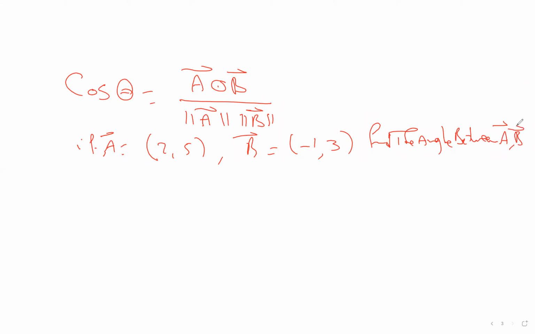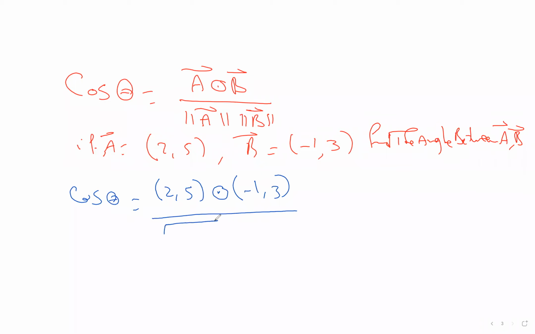We write the rule: cosine theta equals A dot B, which is (2, 5) dot (-1, 3), divided by the square root of norm A, which is 4 plus 25, times norm B, which is 1 plus 9.